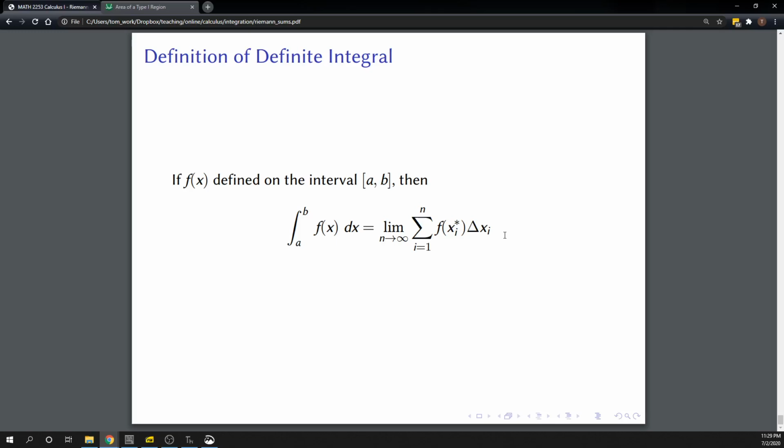It turns out, though, that using this definition to actually calculate things becomes very, very difficult. And we're not going to go over doing that by hand. I usually like to do that, but it's complicated, and there's a way around it. The way around it is what we will talk about in the next lesson, which is called the fundamental theorem of calculus.